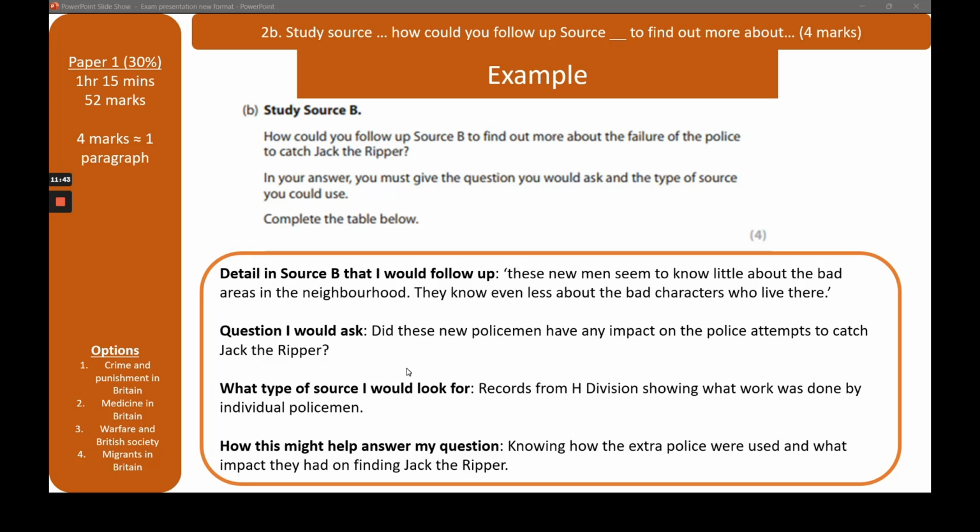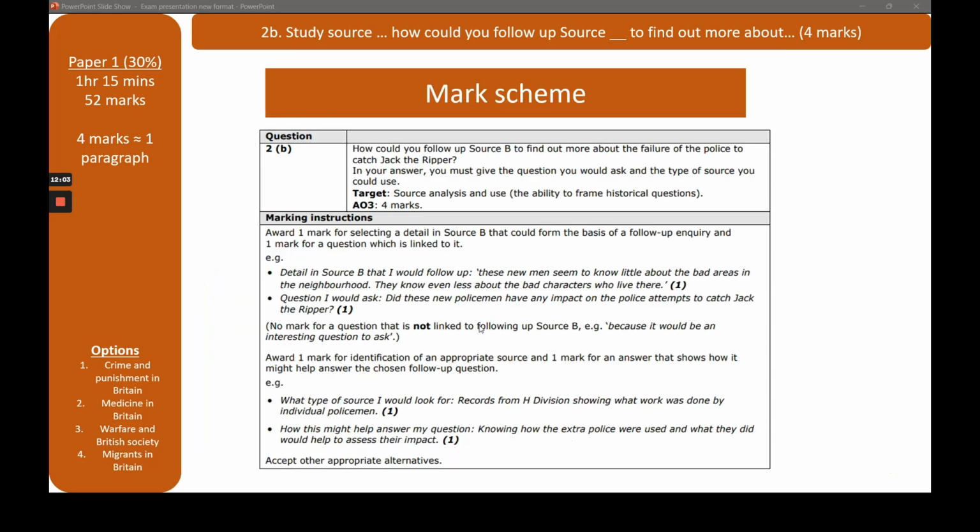The question that I would ask is, did these new policemen have any impact on the police's attempts to catch Jack the Ripper? Good question. The type of source I would use is records from H Division showing what work was done by individual policemen. And how would this help you answer the question is I would know how the extra police were used and what impact they had on finding Jack the Ripper.